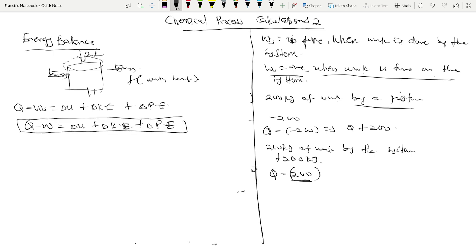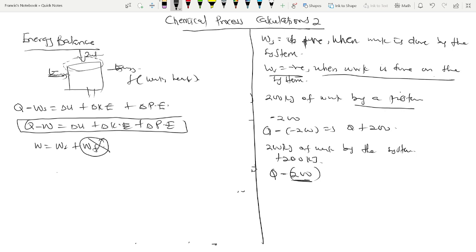Now the work here is shaft work plus flow work, right? But for a closed system, there is no flow work. Why? Because there is no exchange of material. The flow work is associated with the exchange of material. It's the work that is a result of material input and material leaving the system.